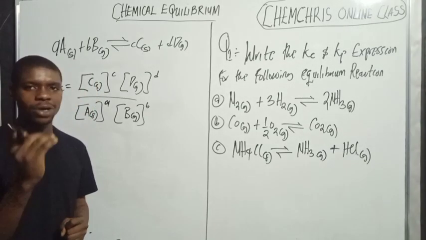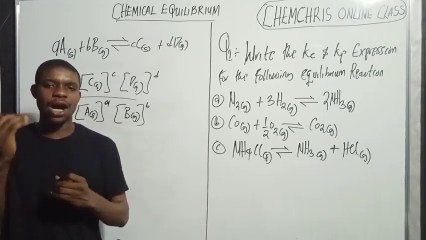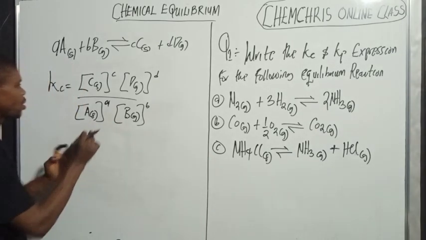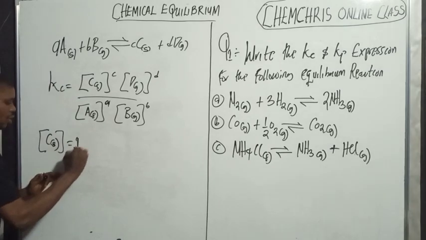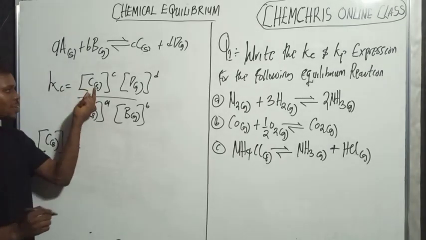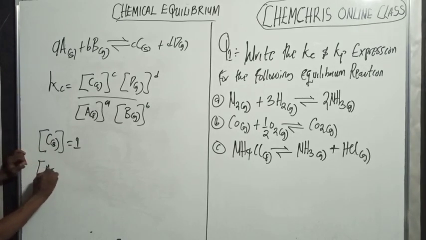The concentration of solid is always equal to one because it is always constant. It means that the concentration of C solid is one, and the concentration of A solid is also one.